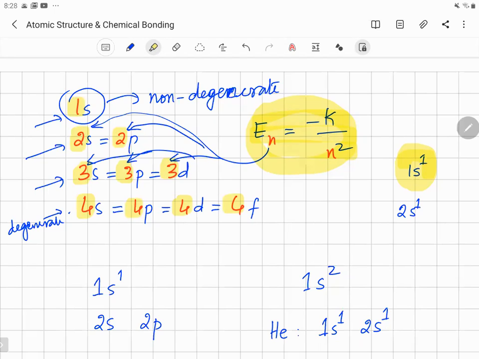If the principal quantum number is different, then the energy is also different. If the principal quantum number is the same, then all energies are the same. That means 4s, 4p, 4d, 4f all have the same energy if it is a hydrogen atom, right?